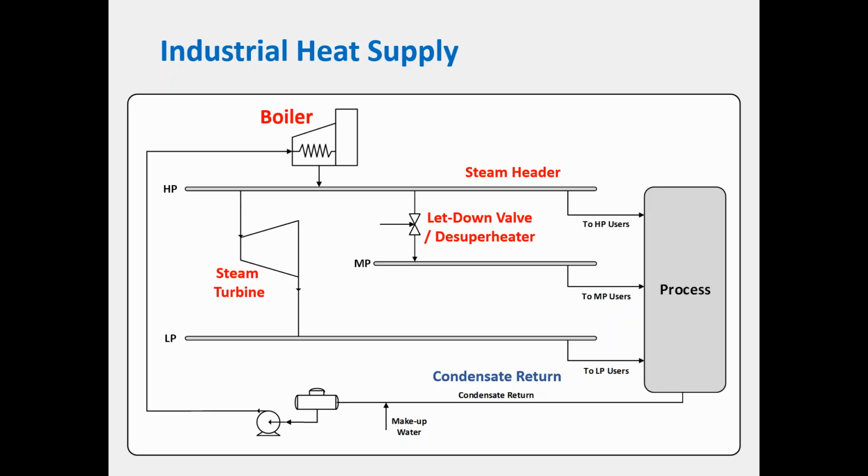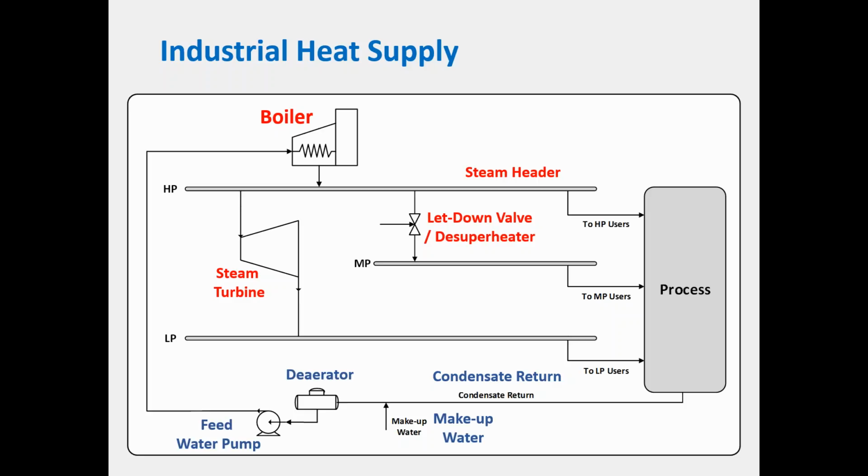Usually there's some form of condensate return, and so depending on the process and how well our distribution system is managed, we may only return a portion of the steam that we use as condensate. There may be some direct use, for example, where that's not available to return to the boiler house, and so we then have some make-up water in order to make up the condensate that's not returned.